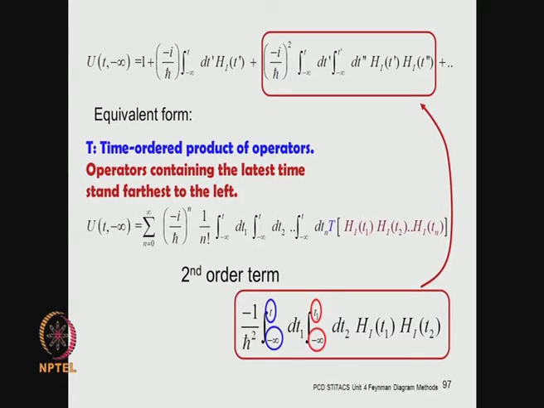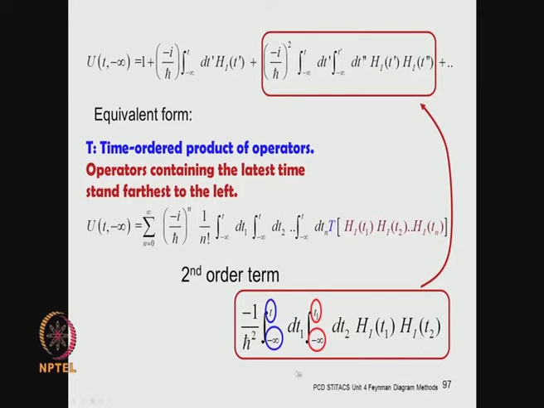So, the second order term is what you get over here, and instead of the variables t prime and t double prime, I am going to use t1 and t2. Okay. The limits are from minus infinity to t prime over here. So, this is minus infinity to t1, and this limit which was minus infinity to t prime is minus infinity to t.